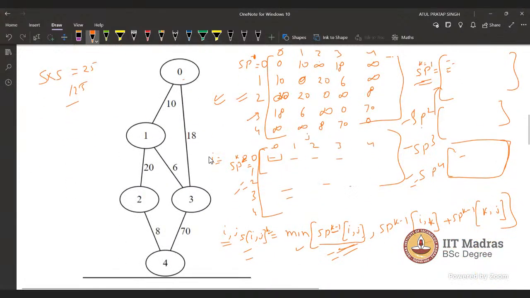Because we know that we are filling the zero value for every i to i combination. After completing this process, if we get a negative value, because if we are starting from here, we are filling the zero value, and if there is any negative cycle, we move that way, this is -10, this is 18, and this is -16.